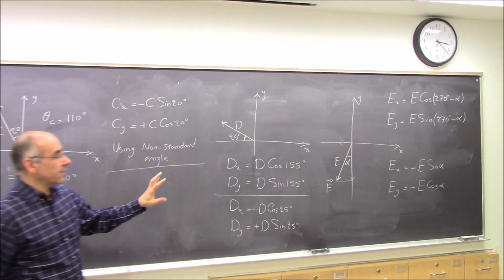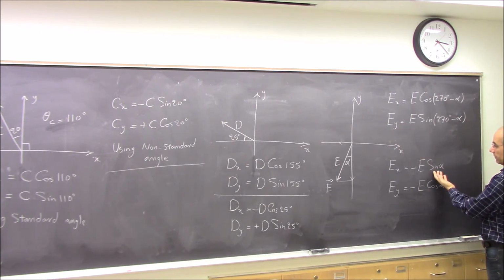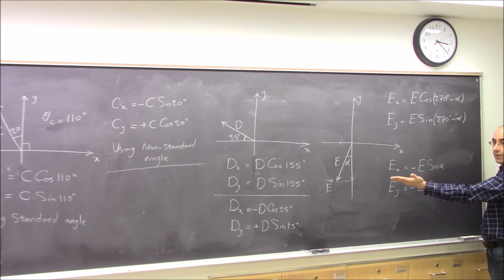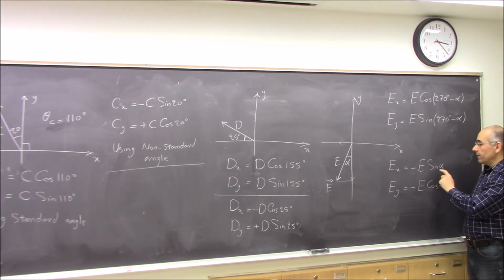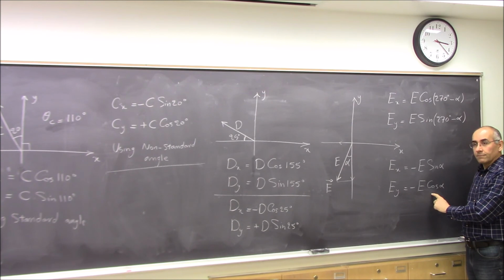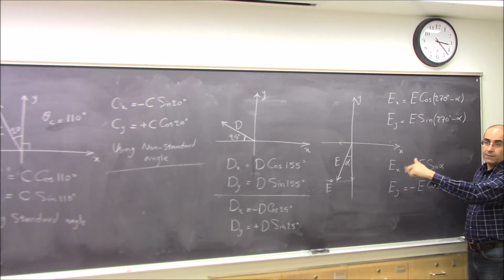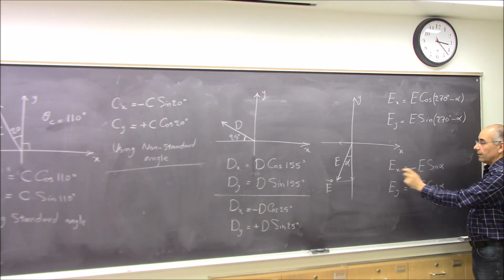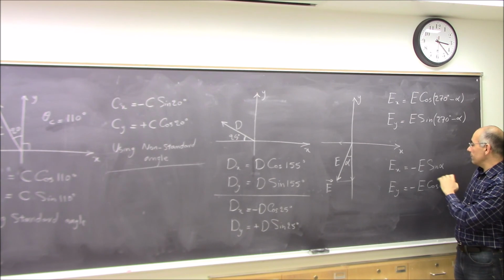For a non-standard angle, it is sometimes easier because you write it in terms of the angle given in the problem. But you have to be careful whether to use sine or cosine, and whether to use positive or negative. You have to check how things work. If the component is adjacent to the angle, you use cosine.